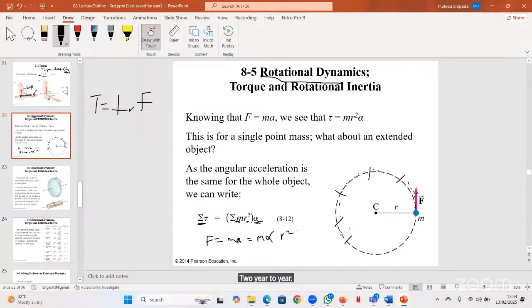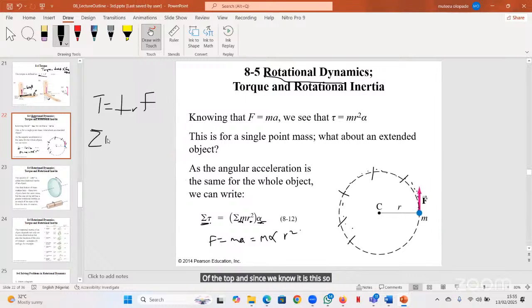That's why we have the summation of the torque. So we then have the summation of torque, which will now be what? F is MA, mass times acceleration. And under rotational, it will also be the summation of M multiplied by angular acceleration.